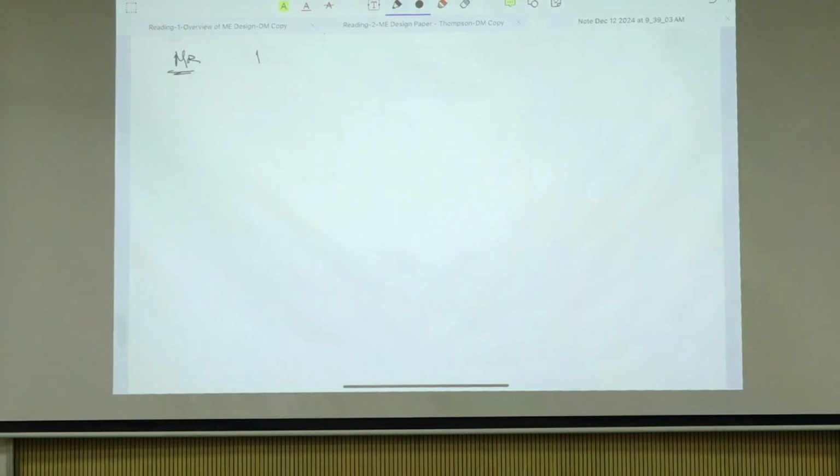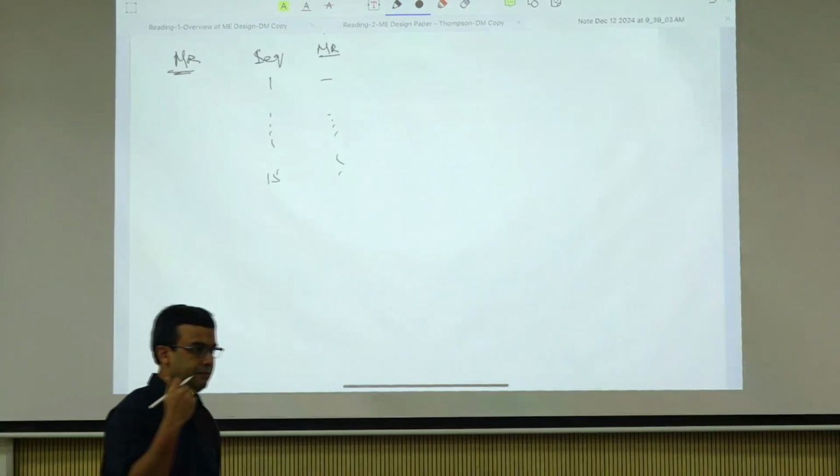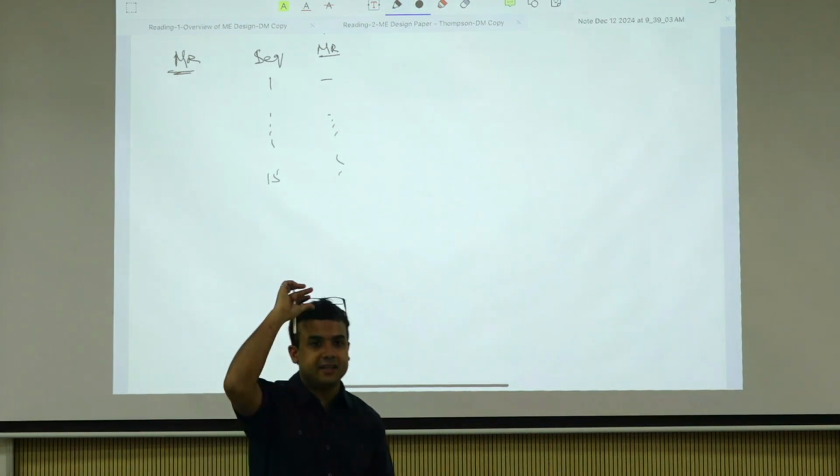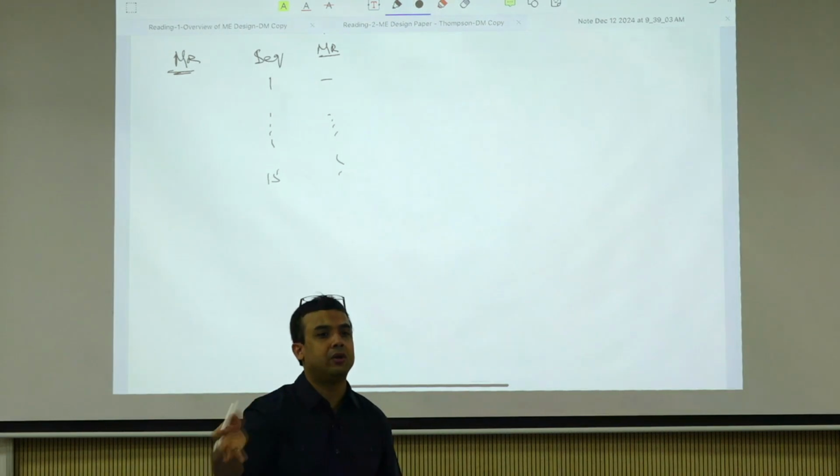I have sequence 1 all the way to 15, and I have MR 1 all the way to 15. So I have 15 different MR values from a single test for this material. And now somebody comes and says, hey, what is the resilient modulus of this material?